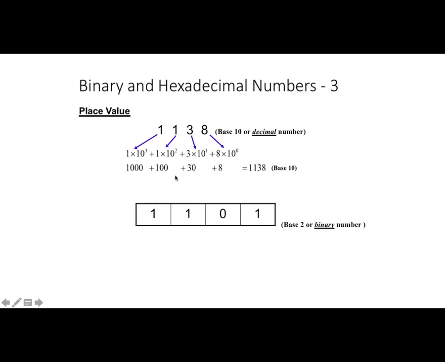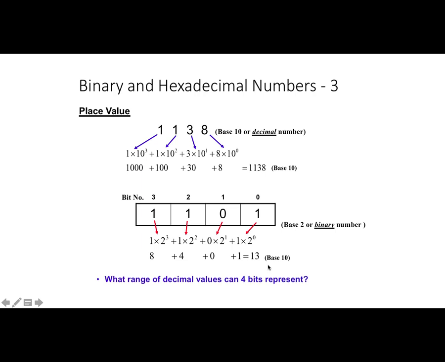Decimal is what you grew up with. In binary, we can do a very similar thing with positional notation to get a value. Here we can see 2 to the 3 is 8, 2 to the 2 is 4, and then 2 to the 0 is 1, and we add these together to make 13. So the binary to decimal conversion is a relatively straightforward thing.